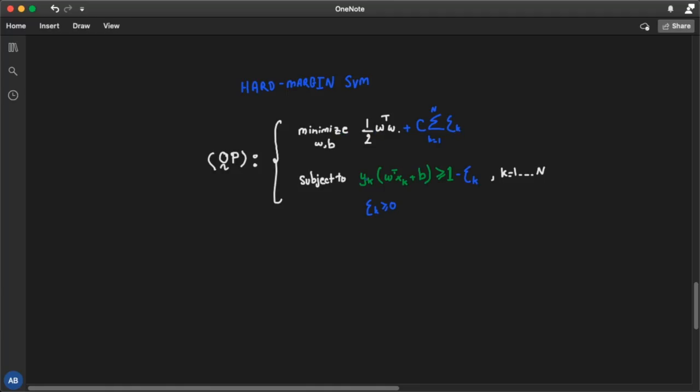So I'm going to try to minimize all misfits. Not only am I applying the hard margin, this term is the hard margin part, I'm also trying to minimize the effect of outliers. If there is an outlier that I can't do anything about, it's going to be penalized in the cost.